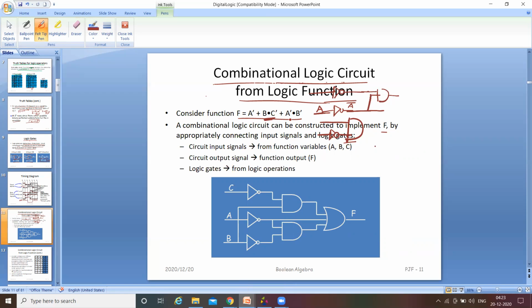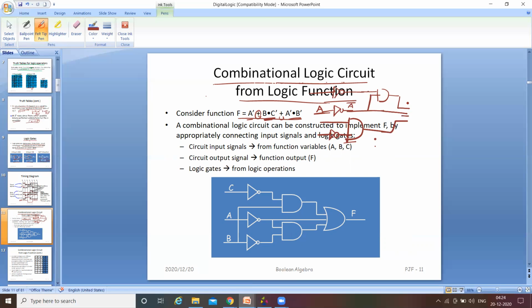Now we know this output and this inside one OR operator is there. So I'll combine all these three outputs. One A complement and this output of this.